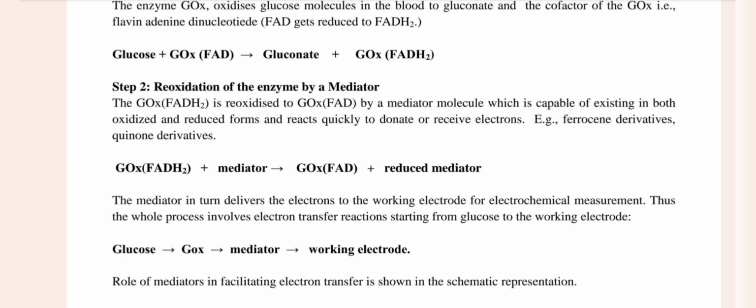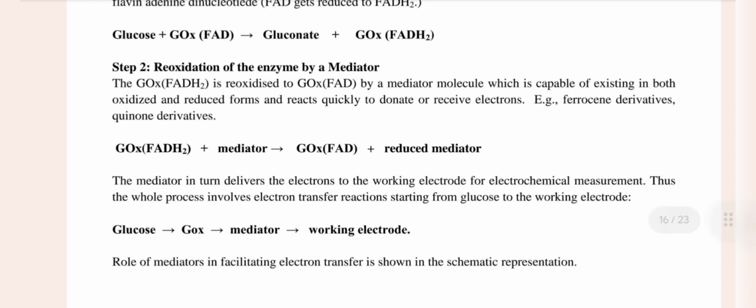First the electrons are in glucose, then the glucose is converted, the extra electron is transferred to glucose oxidase, then that electron is transferred to the mediator, then the mediator converts to the reduced form, and then the extra electron moves to the working electrode. This is the process involving electron transfer in the reactions.